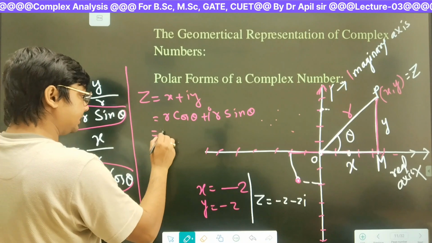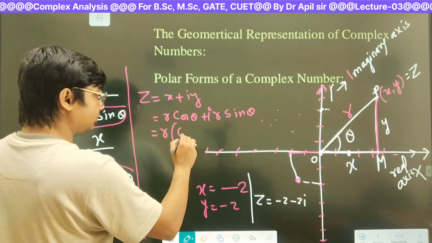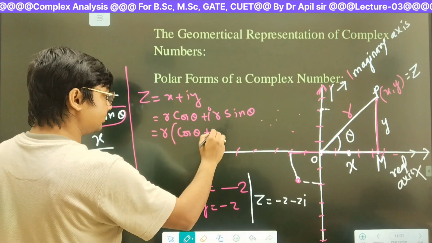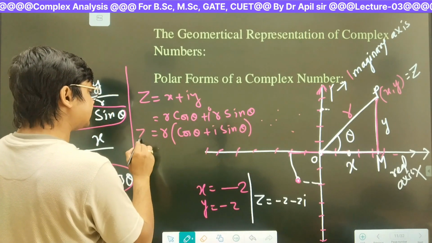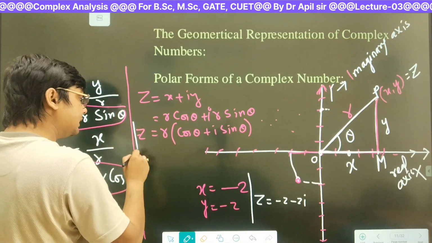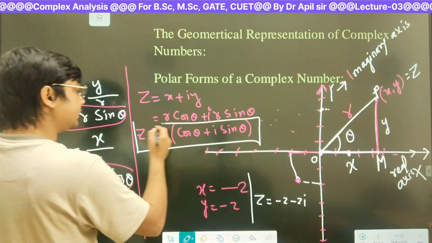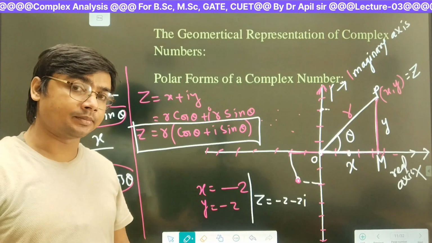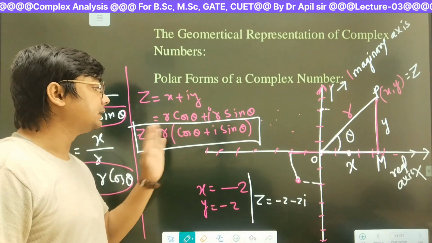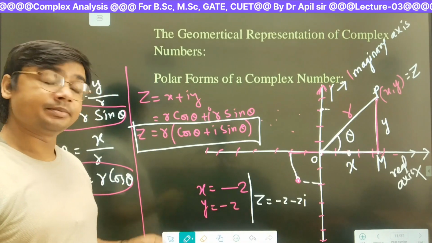So from here we can easily take r common, so this will be r of cos theta plus i sine theta, right? So this is our z. Now you see in this expression, no x and y are present, only r and theta are present and i is present, right?